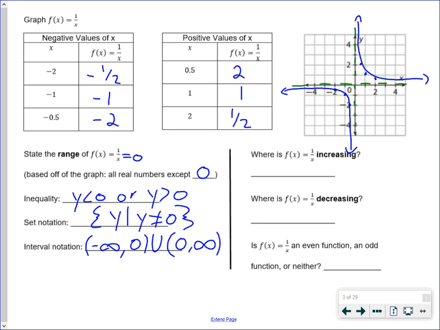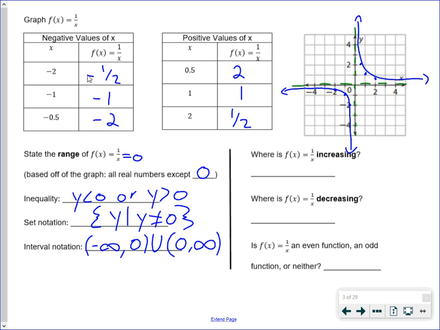Now we're going to see where f of x is increasing. Remember, when it comes to increasing and decreasing functions, we read the graph from left to right, because we have to read it with the x values increasing. We start from the left side and slowly make our way to the right and see how the y values react: are we going up or down?